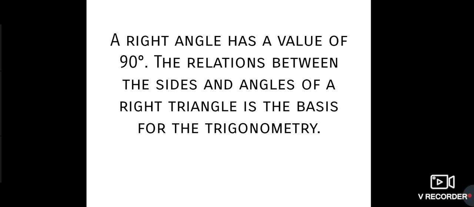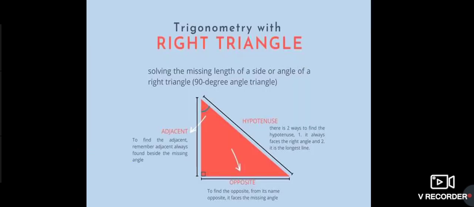So a right angle has a value of 90 degrees. The relations between the sides and angles of a right triangle is the basis for trigonometry. So this is the right triangle. The adjacent, we can find the adjacent.